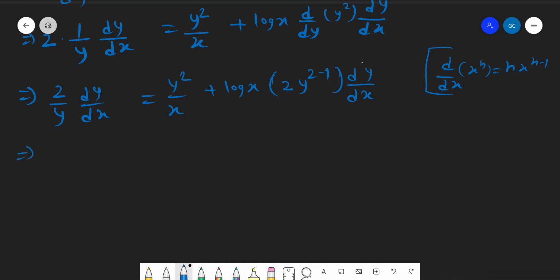So again, 2/y dy/dx equals y² x plus log x, and here 2y into 2y dy/dx. Okay guys, now let's keep dy/dx on the left side.